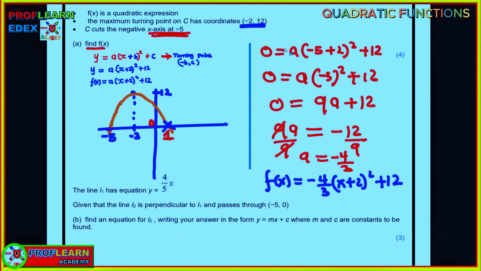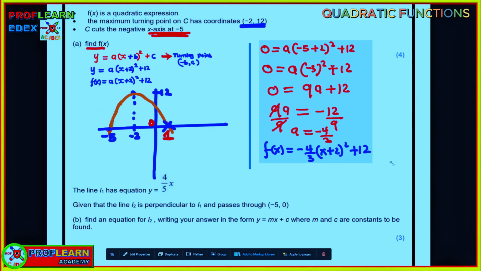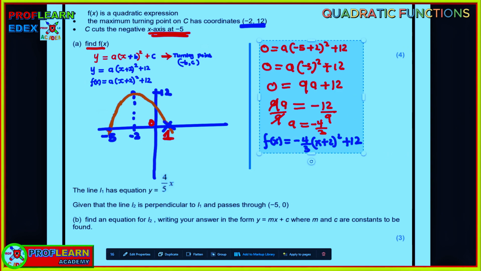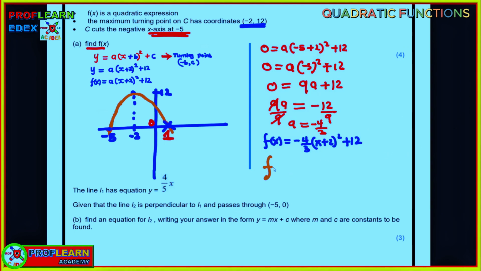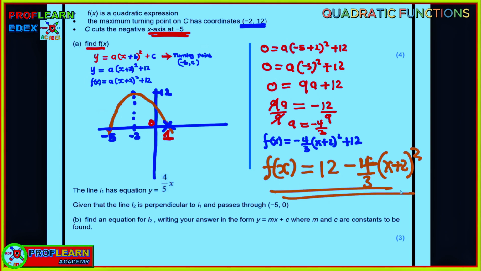Just to make the examiner happy, this is what you were supposed to have gotten. To make the examiner happy, we can say our final answer is f of x is equal to 12 minus 4/3 into x plus 2 squared. And that's the answer we were supposed to arrive at in this particular question.